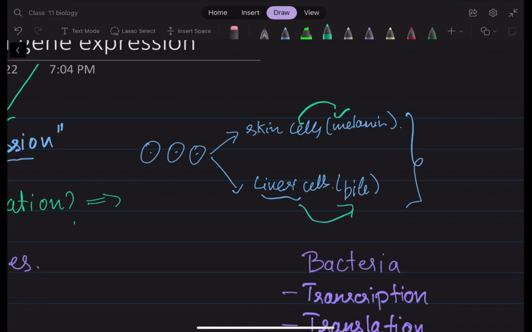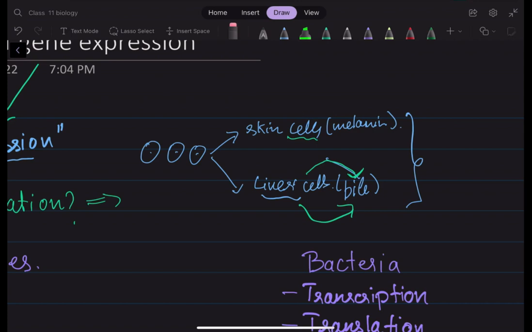This happens in spite of the fact that these cells have the genes which code for both of these, and even the liver cells have the DNA that can code for both of these. But the only thing that is being expressed here for the liver cells is the genes for bile, and for skin cells, the genes for melanin.